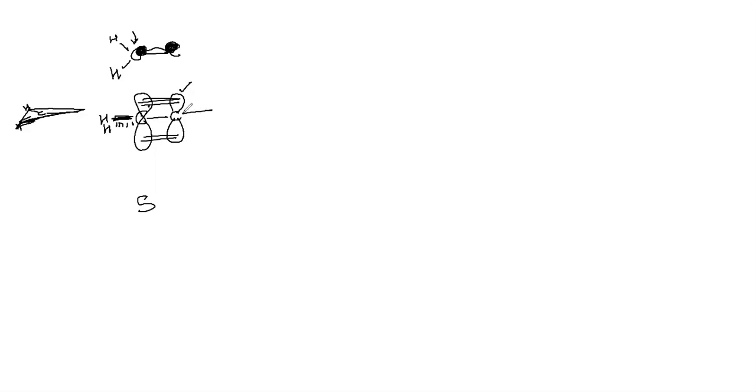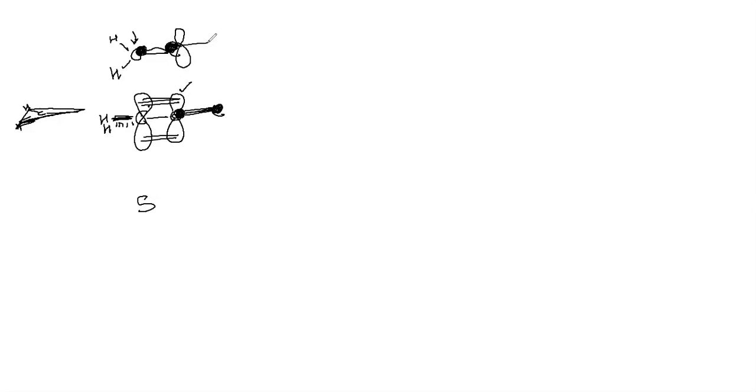Now, in which direction is the next p orbital? In a perpendicular plane here. If I draw it here, it will be in this direction. Now you have the next carbon. This carbon will also have a p orbital in this direction, so that these two can form a bond.